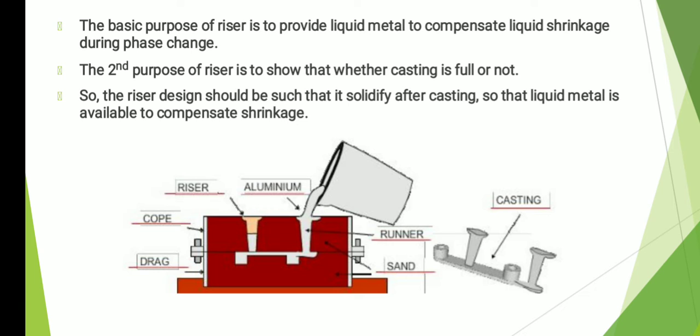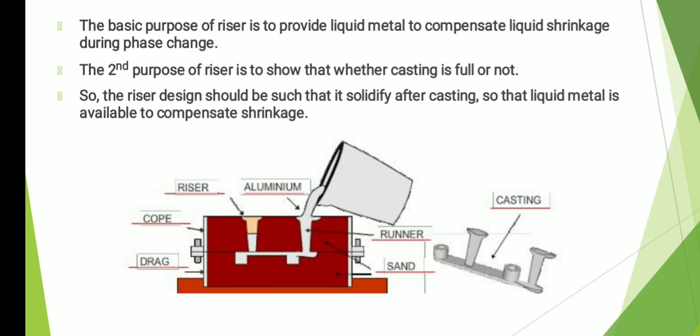As you can see, you are pouring hot molten material into the chamber, so there is shrinkage. In order to compensate that shrinkage, a riser is used. The second important purpose of riser is to show whether the casting is full or not. It gives you the indication whether the casting is full or not.